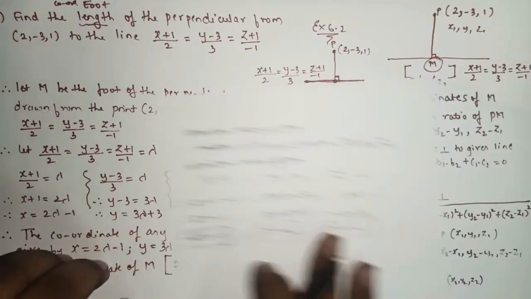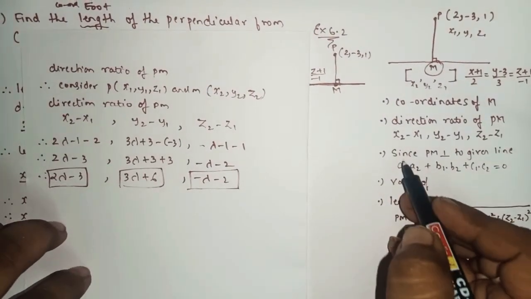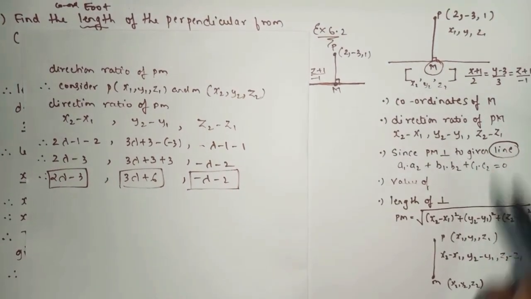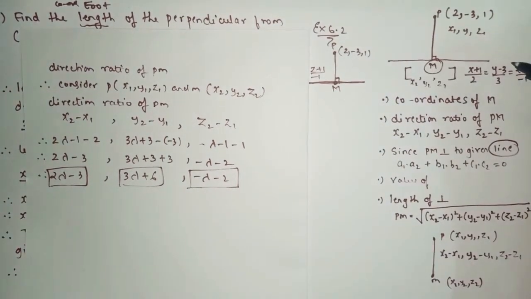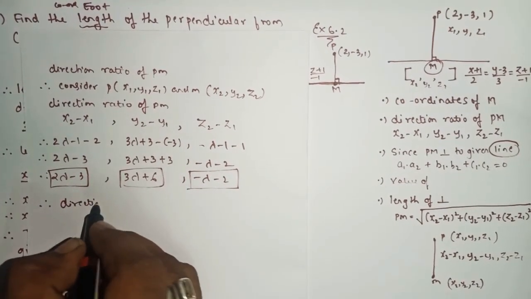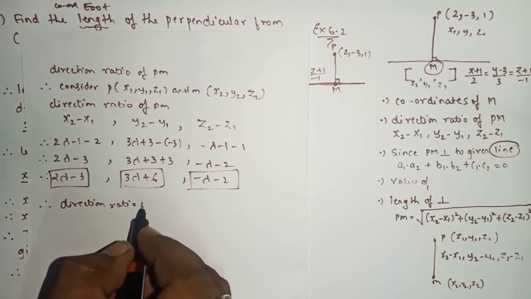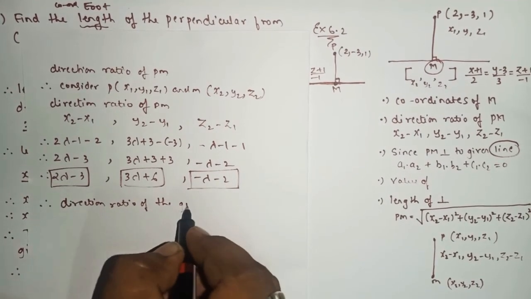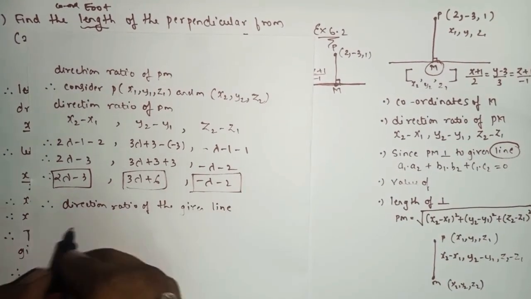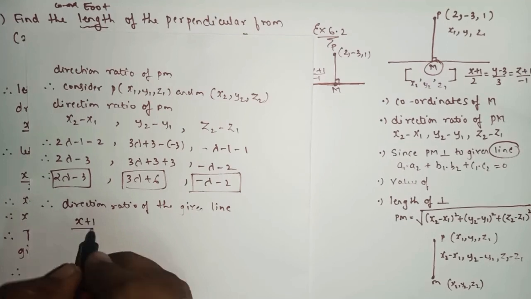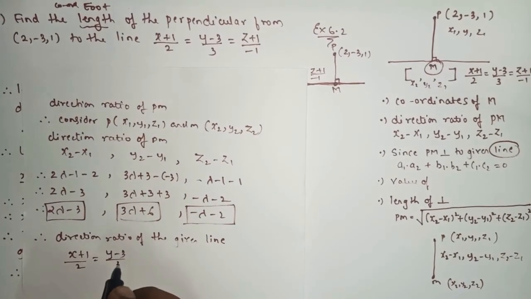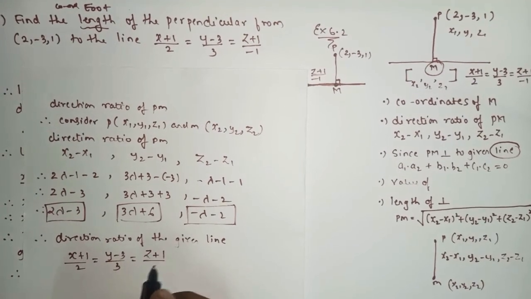So after this, what is the next thing? Since PM is perpendicular to the given line, now we'll find the direction ratio of the given line. So what is the given line here? x plus 1 upon 2, y minus 3 upon 3 and z plus 1 upon minus 1.